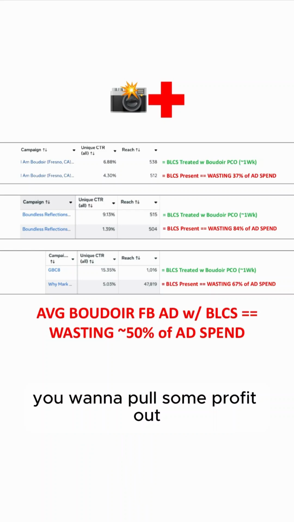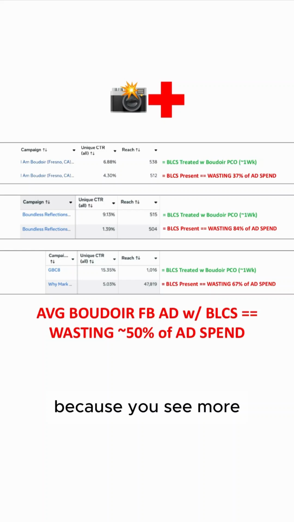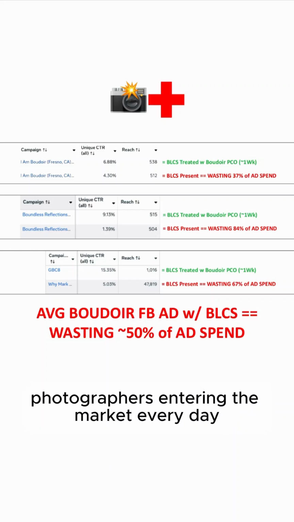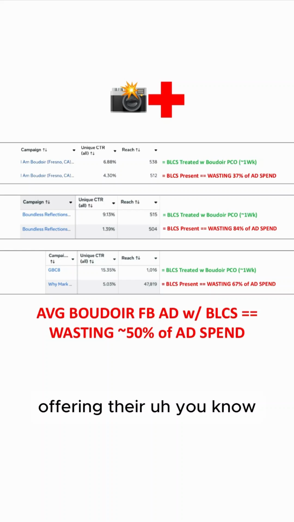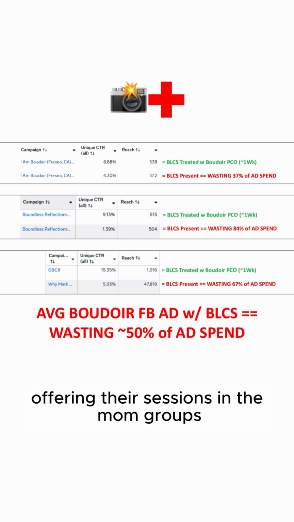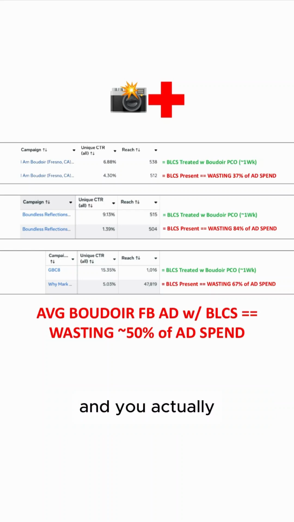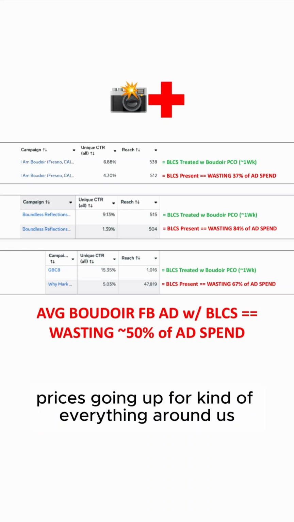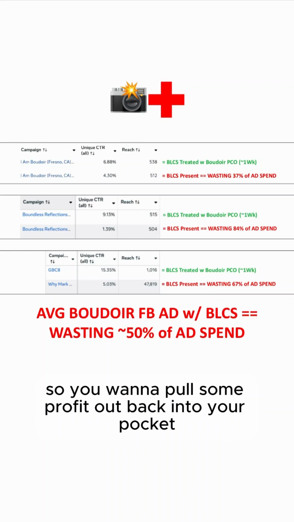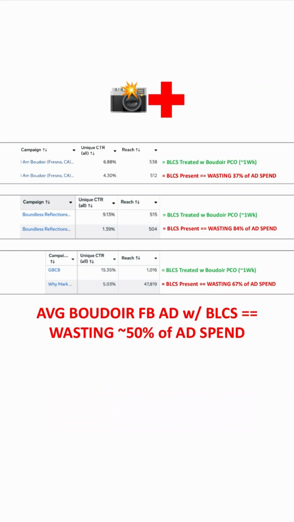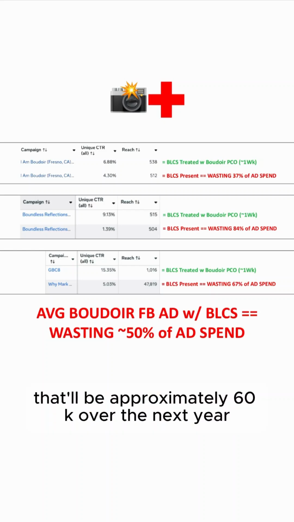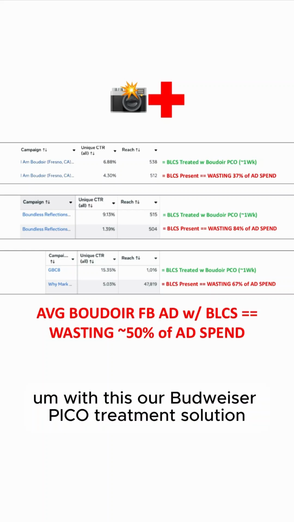You want to pull some profit out because you see more boudoir photographers entering the market every day, pushing prices down, Google business profiles going up, offering their sessions in the mom groups, and we've got inflation, prices going up for kind of everything around us. So you want to pull some profit back into your pocket, and we can save approximately 5K a month. That'd be approximately 60K over the next year with our Boudoir Pico treatment solution.